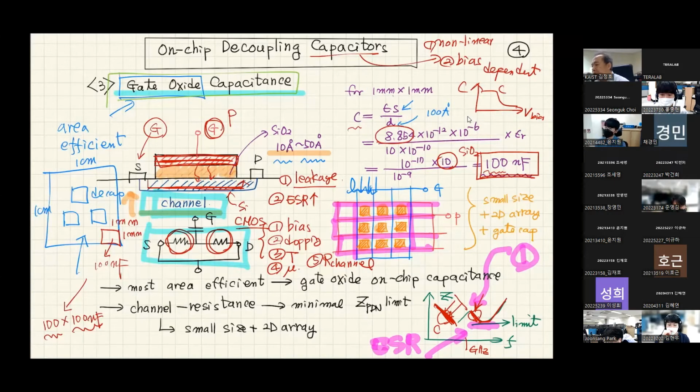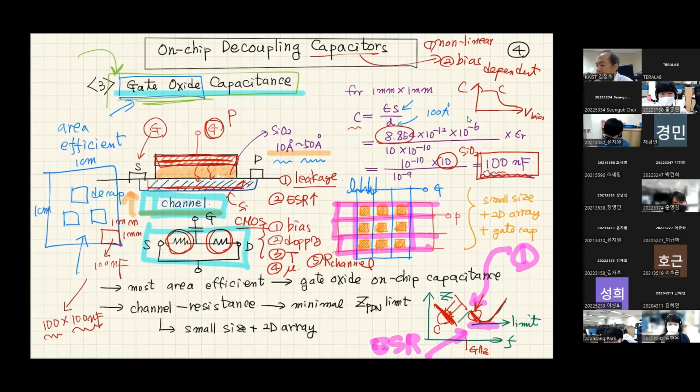In summary, we need on-chip decoupling capacitance for high frequency ranges, and there are some parasitic capacitances between power and ground on-chip metals. Now, number 3 example is intentional on-chip decoupling capacitors, and the most area efficient capacitance solution is gate oxide capacitance.